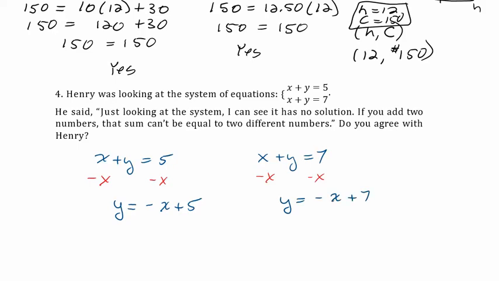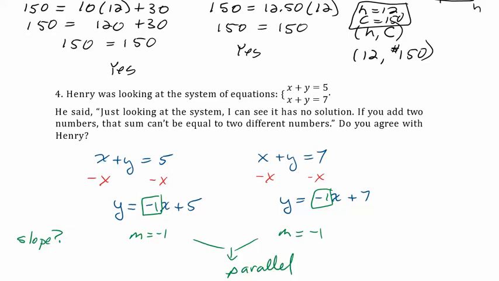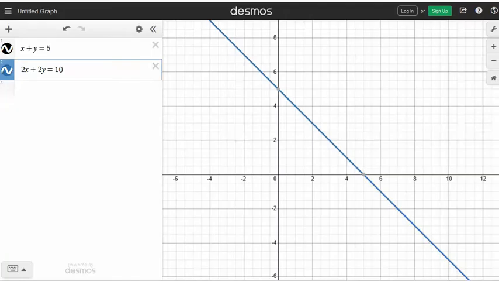What are the slopes of these lines? Well, the slope of this line is negative 1. It's the number multiplied by the input variable. The slope of the other line is also negative 1. When you have the same slope, these lines are parallel. Pretty neat.